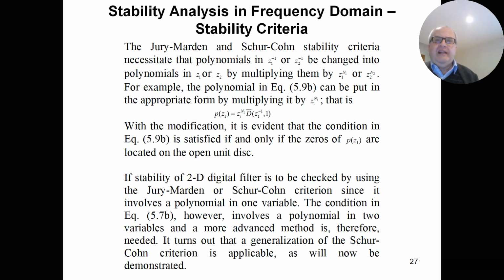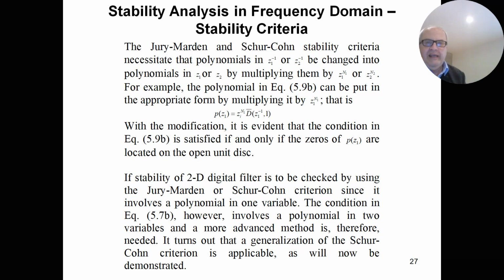So the Jury-Marden and Schur-Cohn stability criteria necessitate that polynomials in Z1^-1 or Z2^-1 be changed into polynomials in Z1 or Z2 by multiplying them by Z1^n1 and Z2^n2.